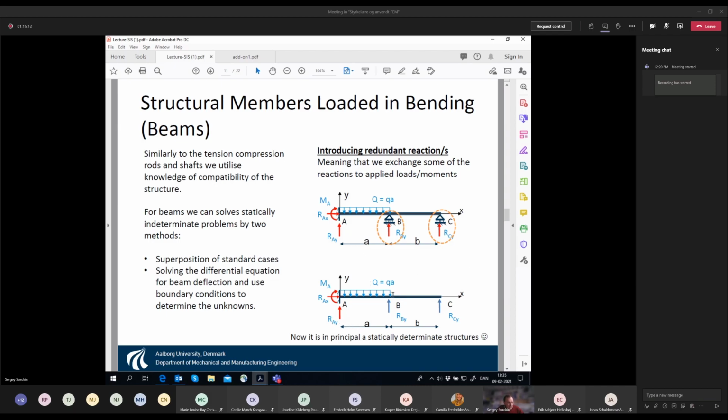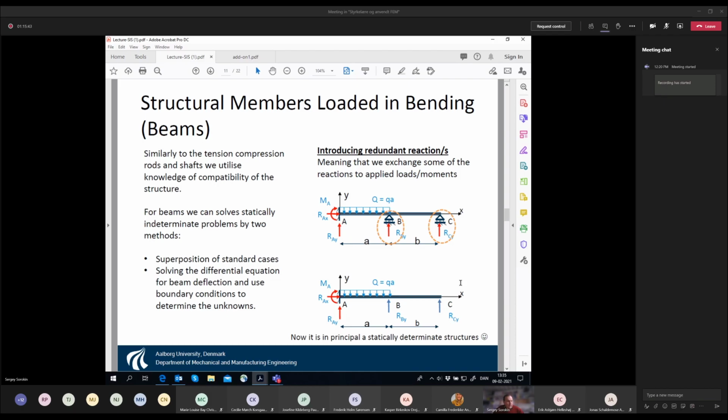We release our structure at point B, so that instead of this fixation, we apply the force RBY. Likewise, we throw away this support, and instead of it, we apply this blue force RCY.